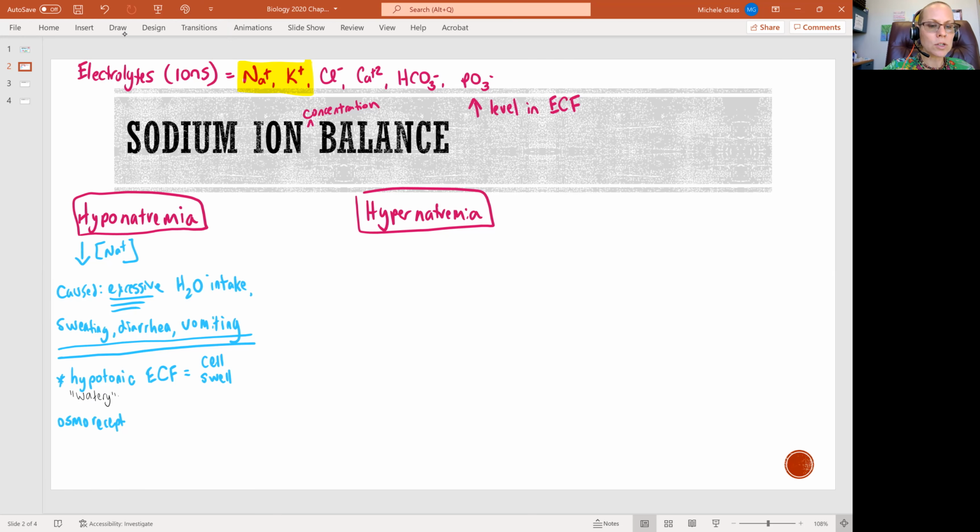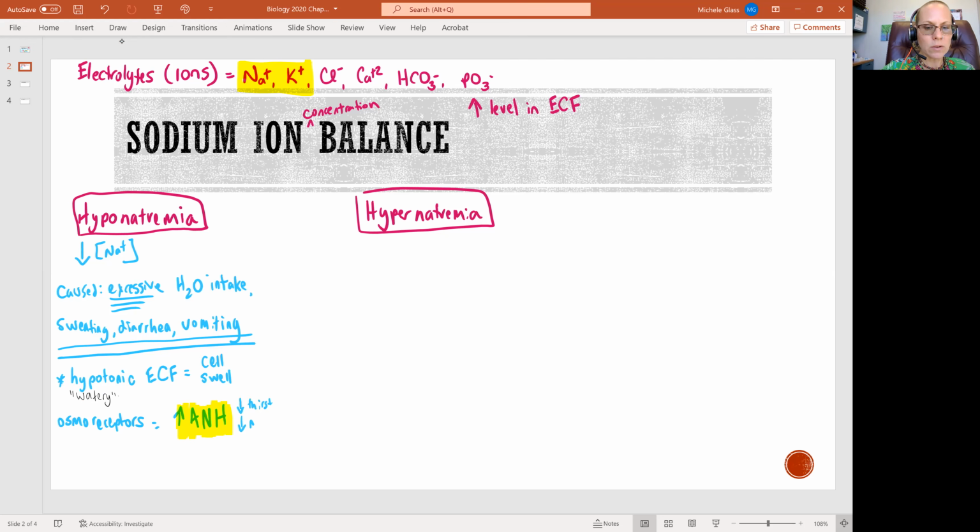Now remember, we have osmoreceptors that are going to be detecting the sodium concentration. And what we'll see is in this case, we'll get an increase in the release of atrial natriuretic hormone. And this is a hormone that we've talked about before. When we get a release of atrial natriuretic hormone, then we're going to see a decrease in thirst.